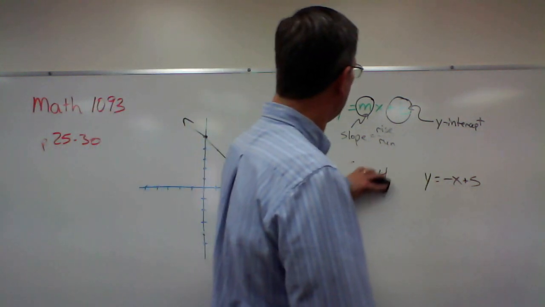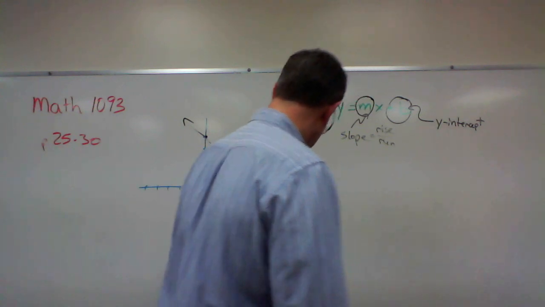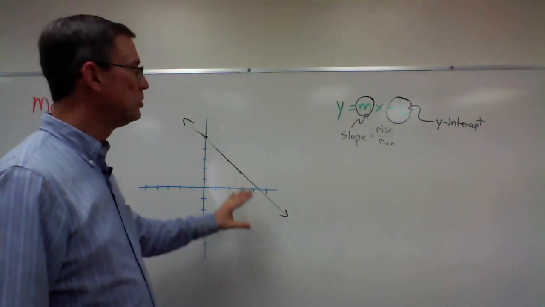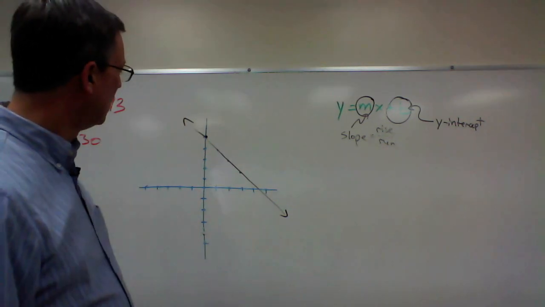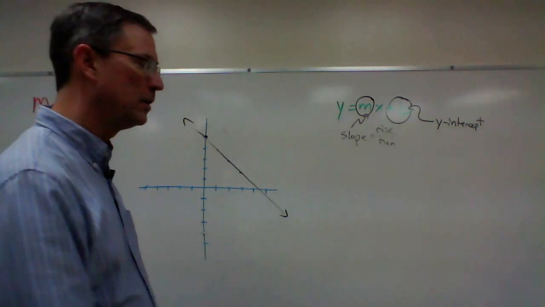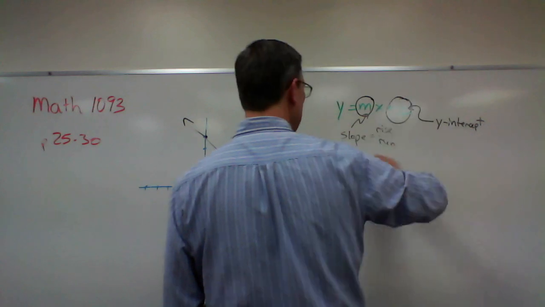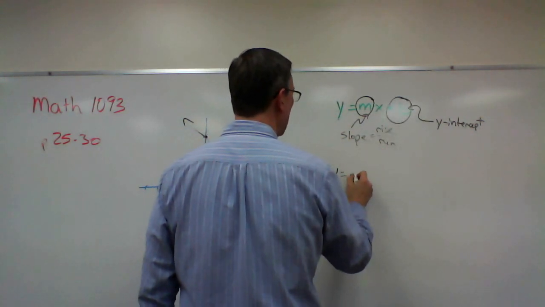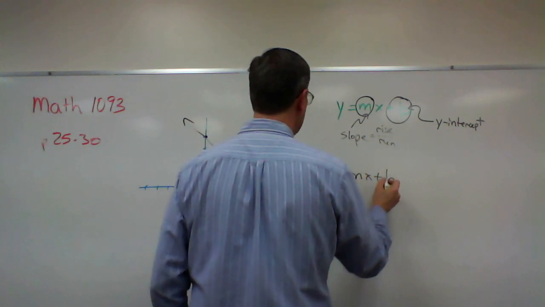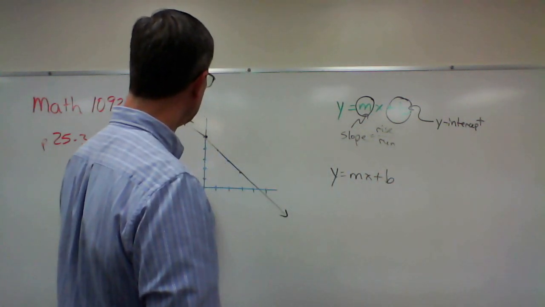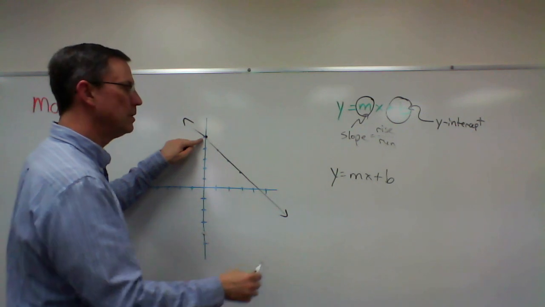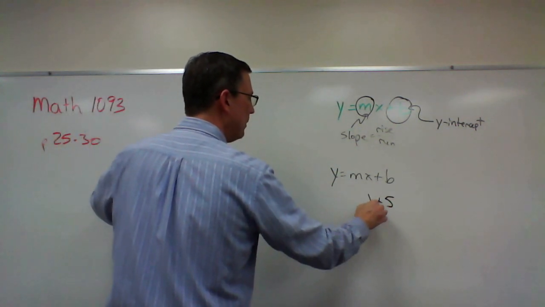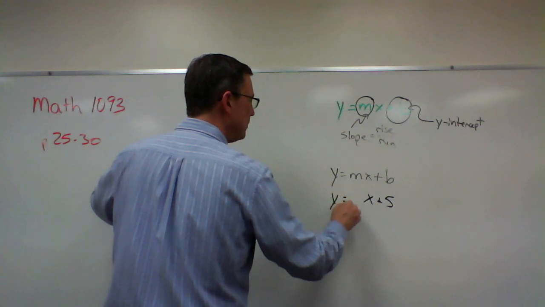Now, let's say we got rid of this and we were given the line and asked to find the equation just by looking at the line. How could we do that? Well, this is the same formula. Okay, this is going to help us. So I'm going to take y equals mx plus b, and I'm going to say, it crosses here at positive 5, so that's what I'm going to plug in for b. I'm going to keep the x, keep the y, keep the equals.